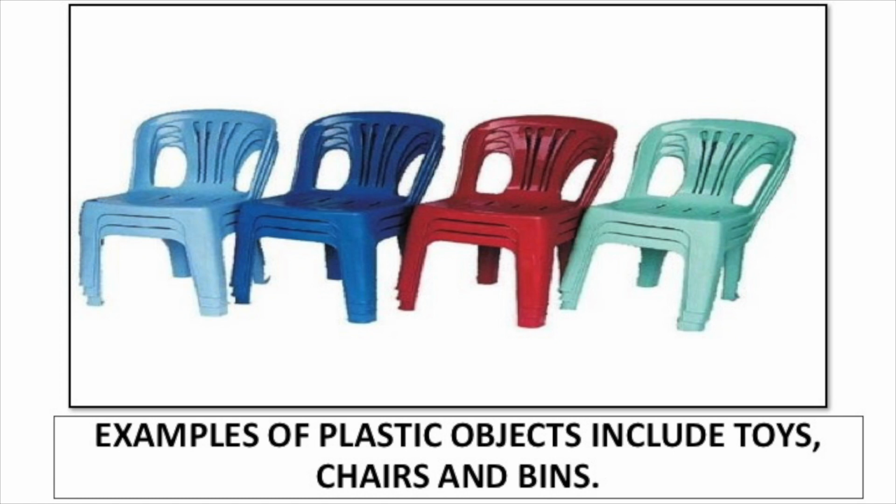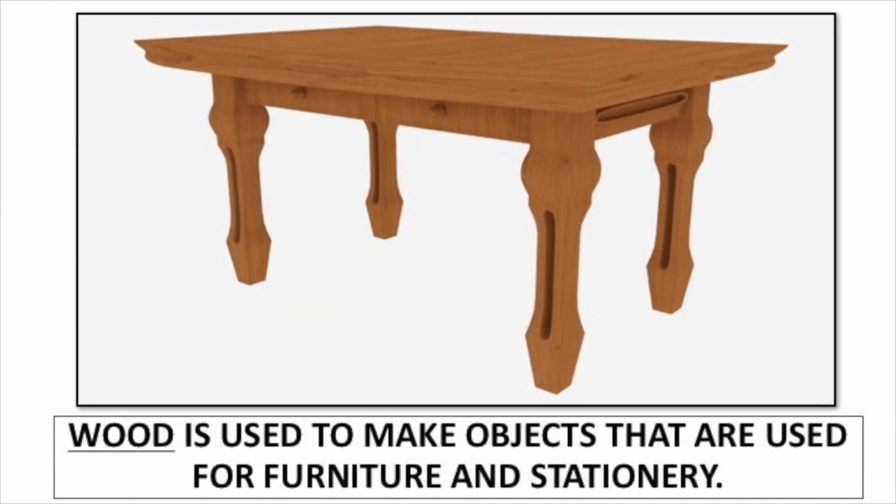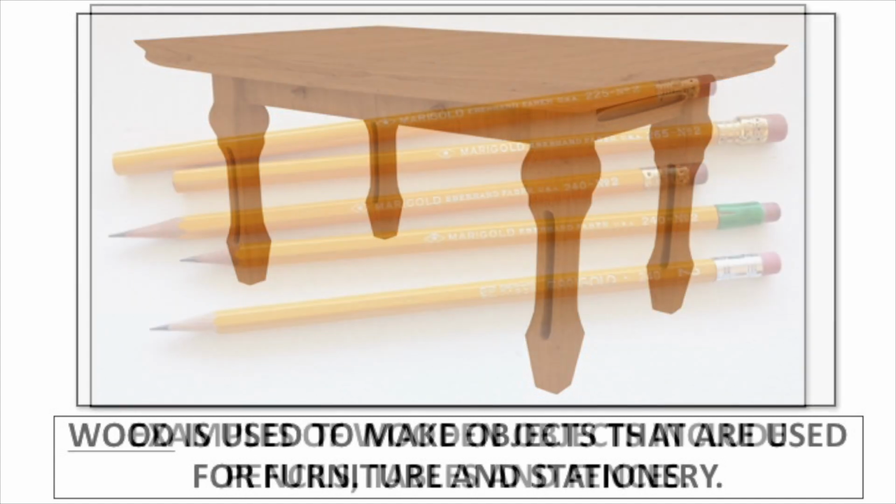Examples of plastic objects include toys, chairs, and bins. Yes, including the chairs you're sitting on now. They're made of plastic.